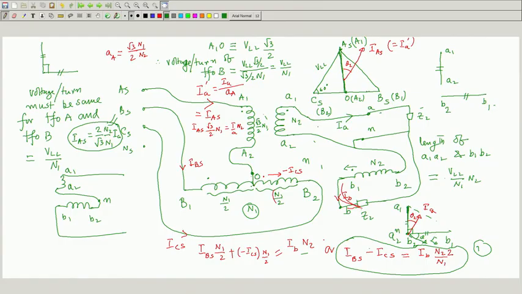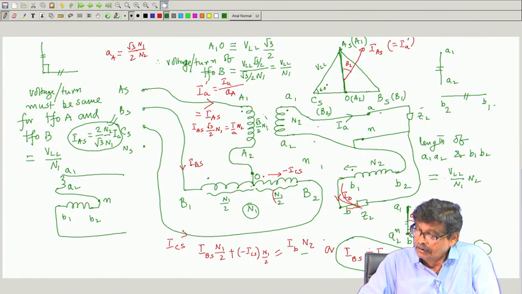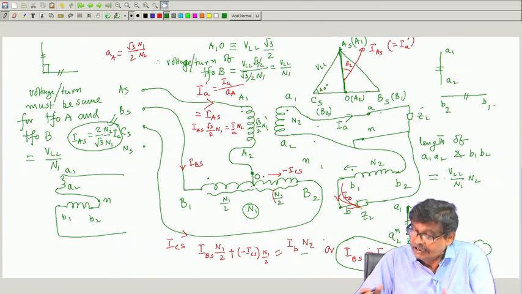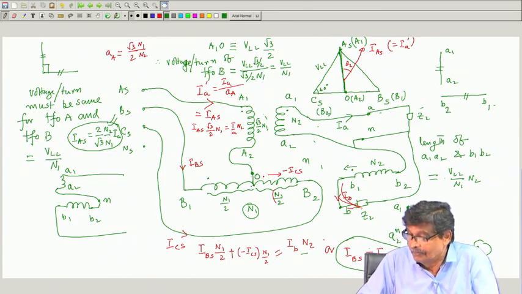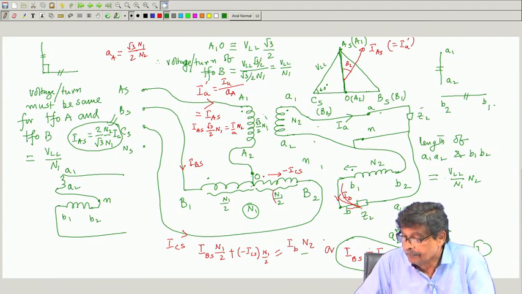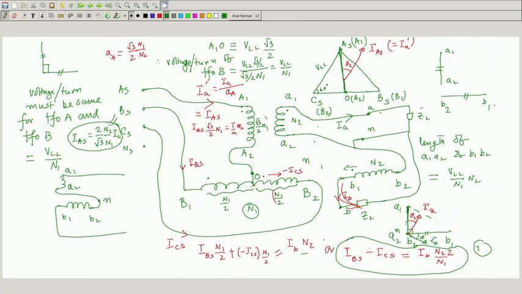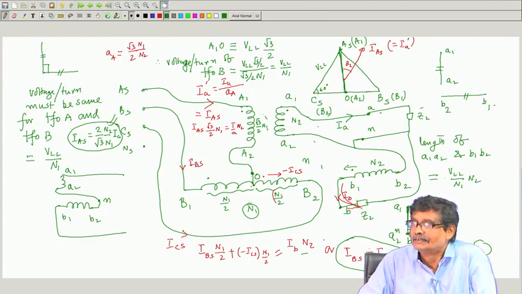Now I have to find I_BS and I_CS in terms of secondary currents. That is what we are planning to do. To do that, I find another equation is missing, because I must have two equations in order to express I_BS and I_CS in terms of secondary currents. Okay, this is one equation. So where is the other equation?